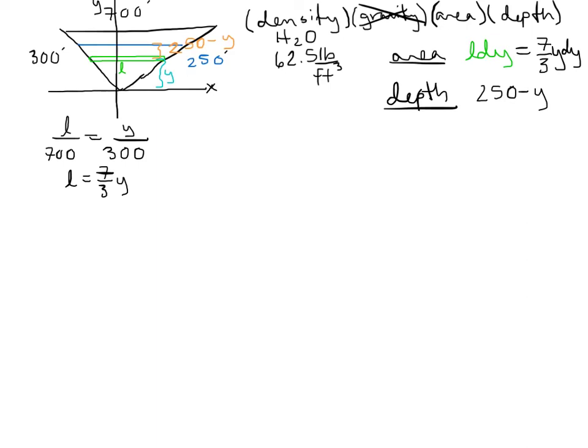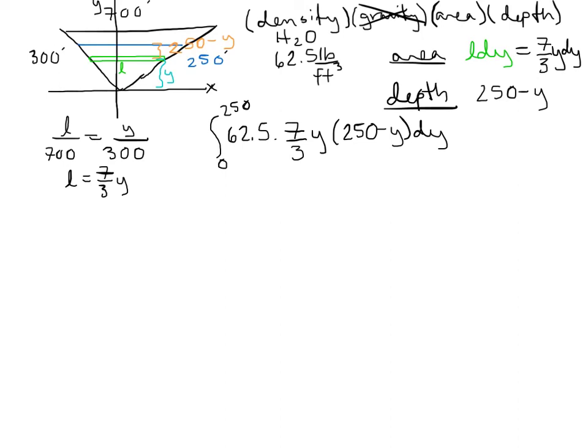So we are going to add it by integrating the density, 62.5, times the area, that's 7/3 y, times the depth, 250 minus y. And we're going to integrate over the slices of water. And the water starts at 0 and the water ends at 250. So we only integrate the slices of water. It doesn't make any sense to be adding up where there's air against the dam. It would be negligible.